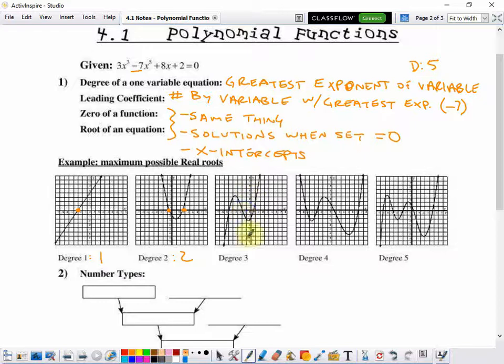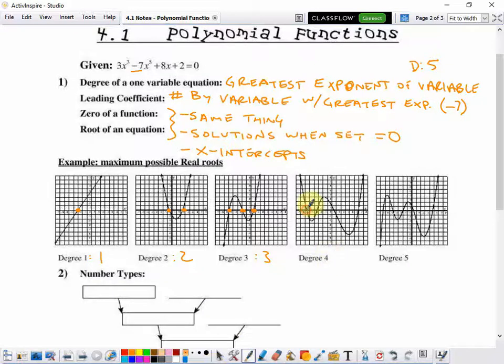One like this, if it's shifted one way or the other, it doesn't have to touch 3 times, but the maximum number of times a graph like this can touch the x-axis, that's the real roots, is 3. You should notice a pattern. When the degree is 1, it can cross 1 time. When the degree is 2, it can cross the x-axis 2 times. It doesn't have to, but it can. Degree of 3 can cross the x-axis 3 times.